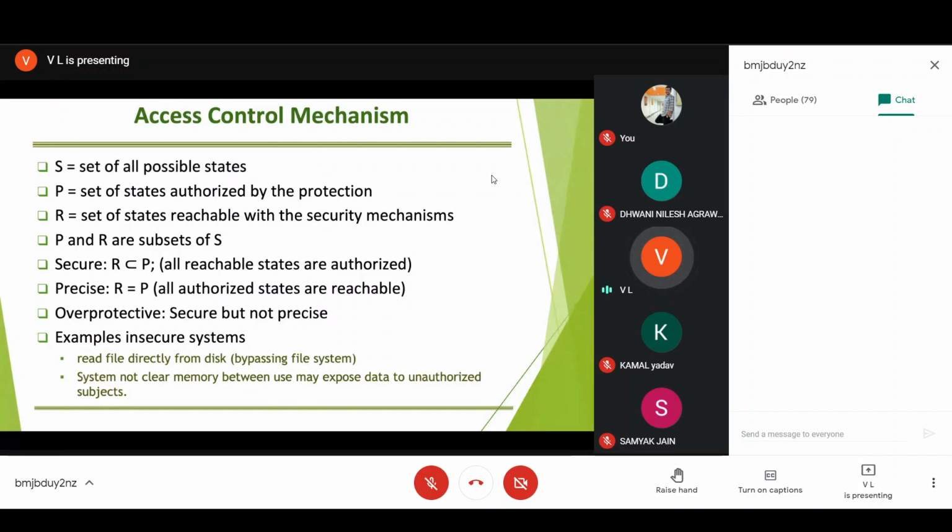Otherwise, if R contains some states which were not part of P, it means the system is insecure. So this is how the access control mechanism terminology talks about secure, insecure, precise, and overprotective systems.